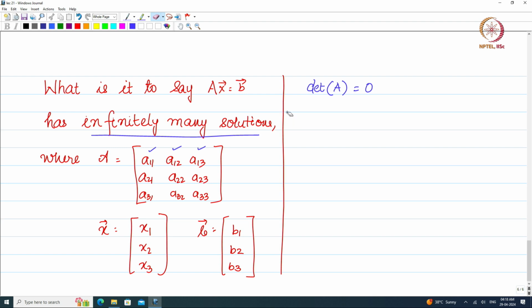The first thing is, suppose I take this to be the A1 vector.